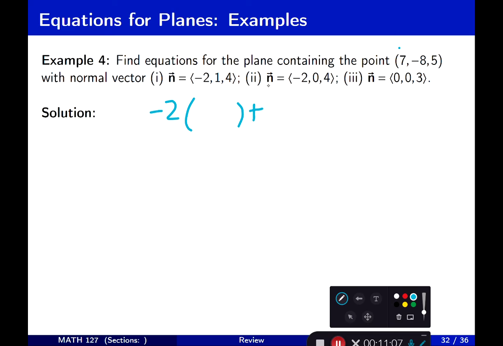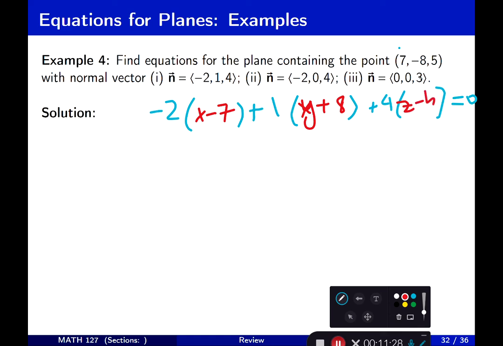Then 1 times the second plus 4 times that, equal to 0. Then I put in what goes inside: x minus 7, y plus 8, then z minus 5. And so that gives me the equation of this plane.